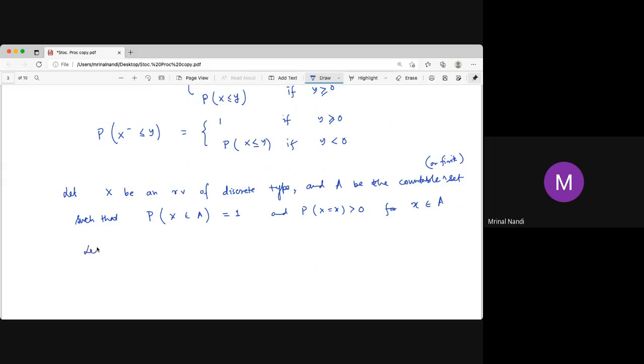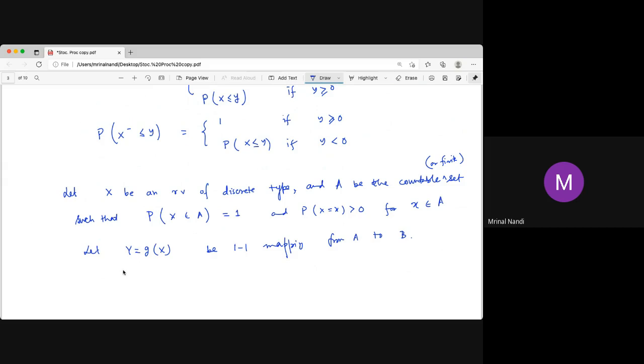Now let Y equal g(X), and let g be a one-to-one function, a one-to-one mapping from A to some other set B. Then what about the inverse?